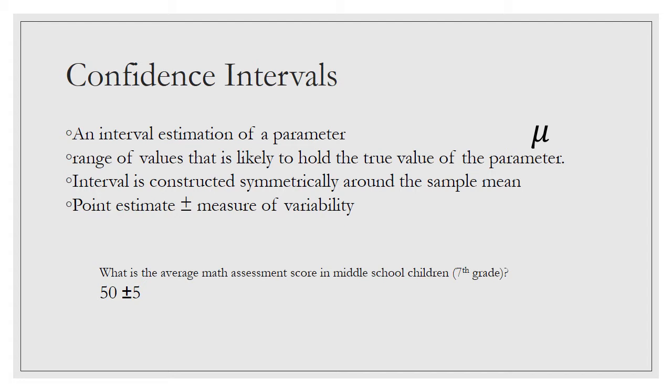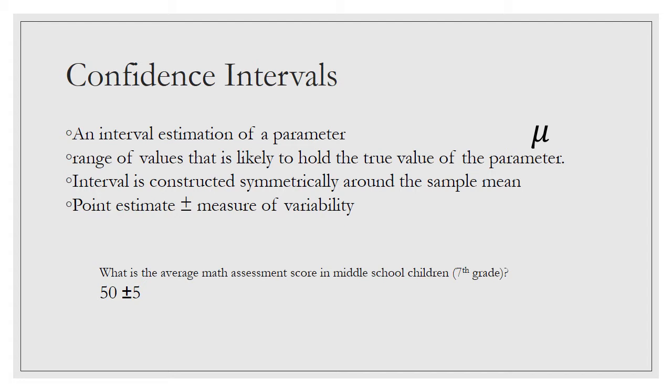Well, we don't think it's actually 50, but it sure would be nice to be able to put a range of values around that. So in this case, we're going to talk about using things like variance measures, standard deviations, and we'll be able to put a range of scores here. So now instead of just saying it's 50, we can say it's 50 plus or minus 5, which just means the true value, we believe it is very likely that the true value is somewhere between 45 and 55.